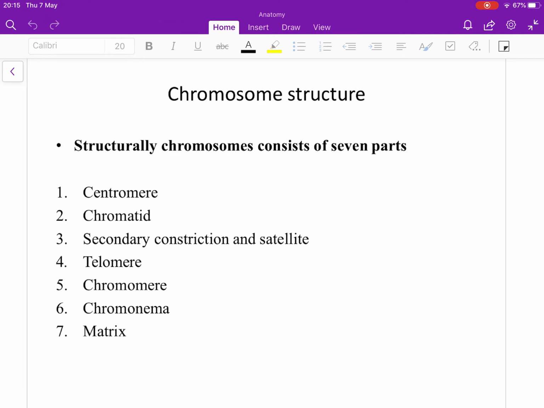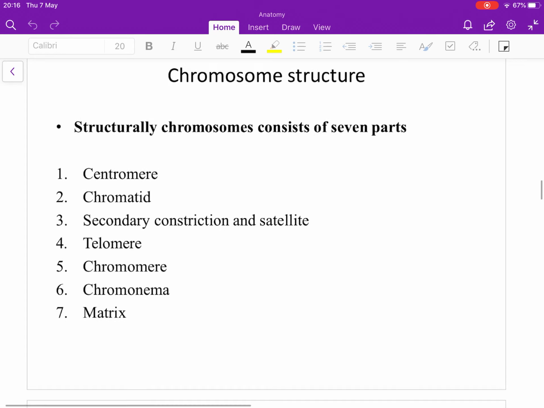Now, a chromosome structurally consists of 7 parts: centromere, chromatid, secondary constriction and satellite, telomere, chromomere, chromonema, and matrix. Now, we'll study these parts one by one.